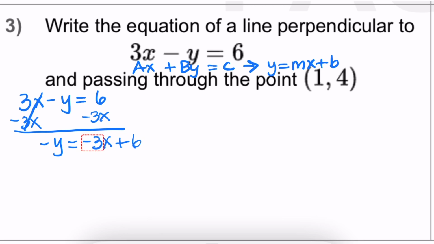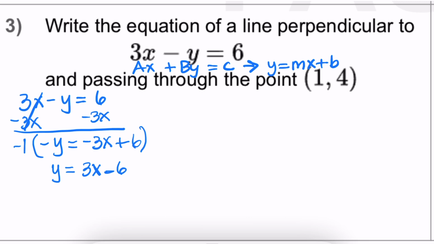Now, this says negative y. I need to multiply everything by negative 1 so that I can have a positive y. So this would be y is equal to 3x minus 6.